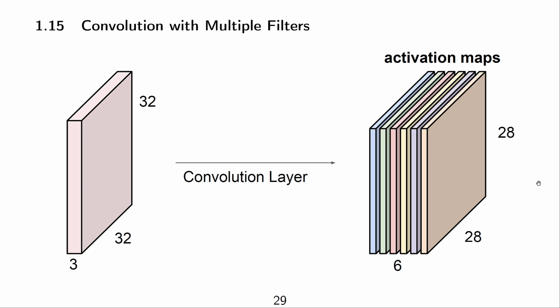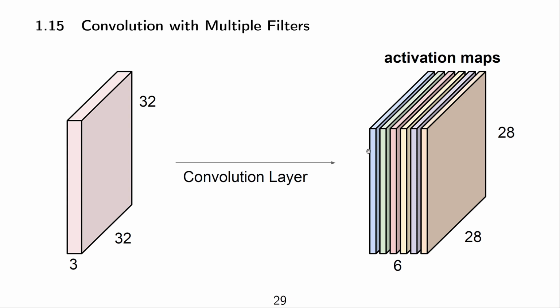In order to obtain more output activation maps, more channels in the output tensor, we'll just use multiple filters. Let's think of our example before, where we had a filter of size 5 times 5 in the spatial resolution times depth 3.